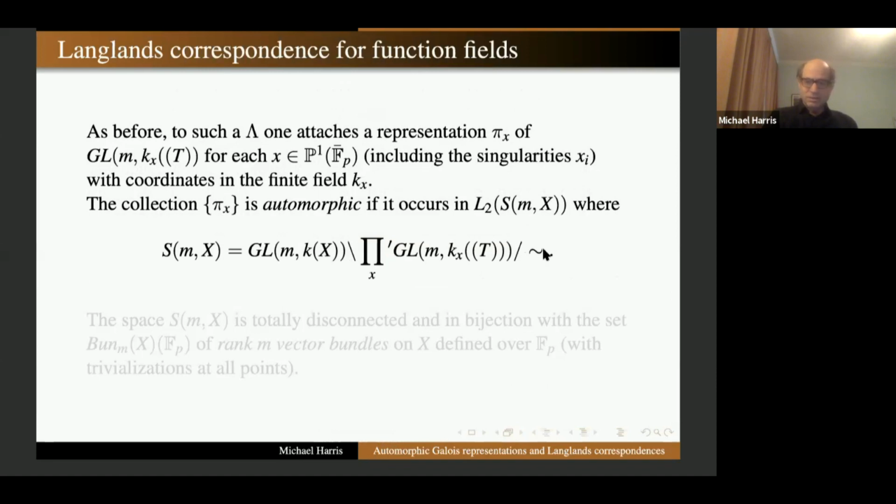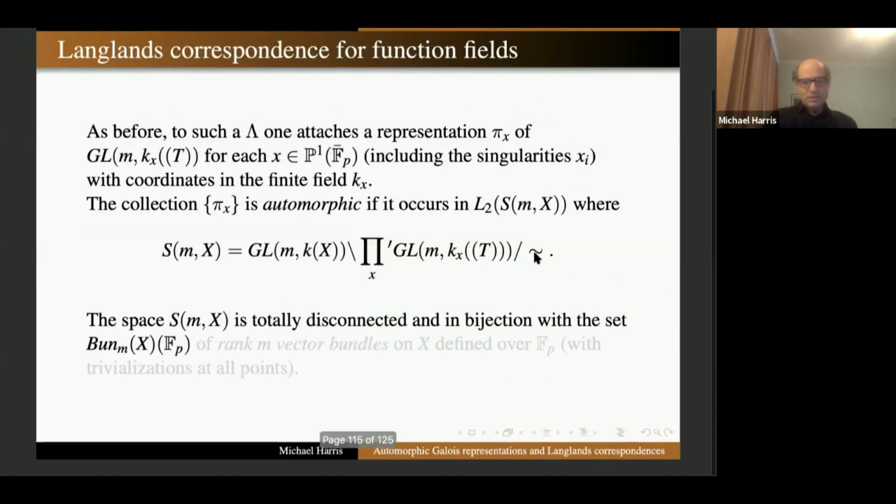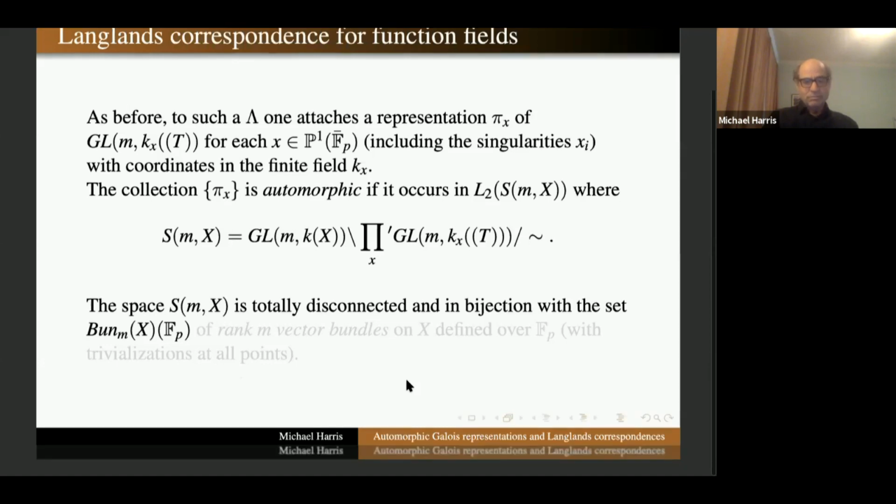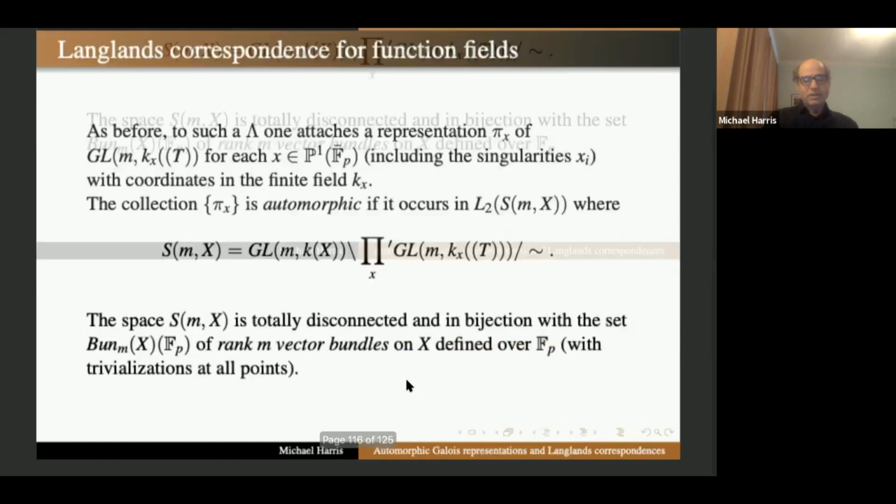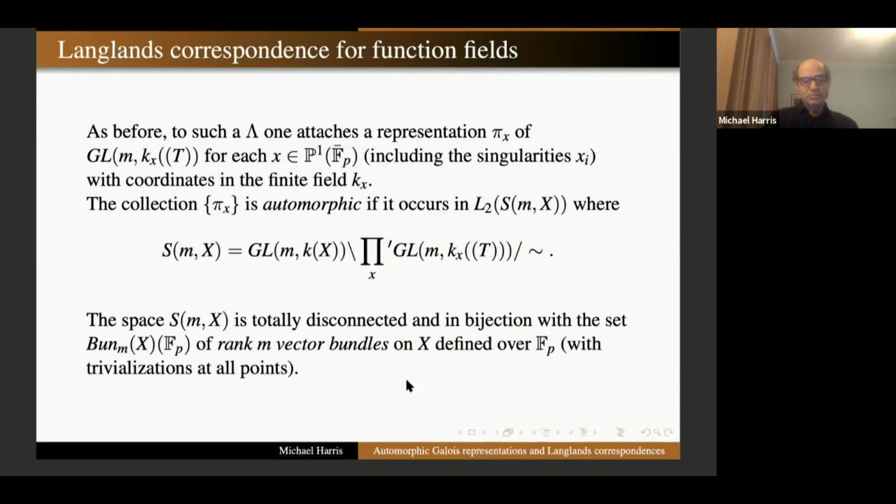Again, there's an equivalence relation, modulo something. The space is totally disconnected. And not only that, it is in bijection with a set of rank m vector bundles on the curve x defined over the finite field with trivializations at all points. That's the way it's set up.